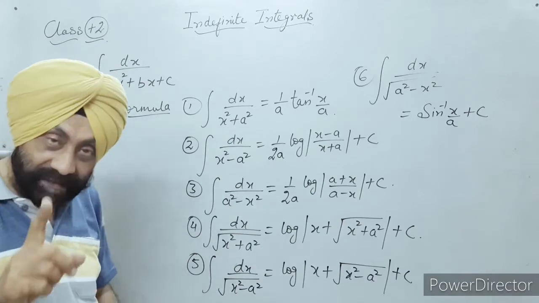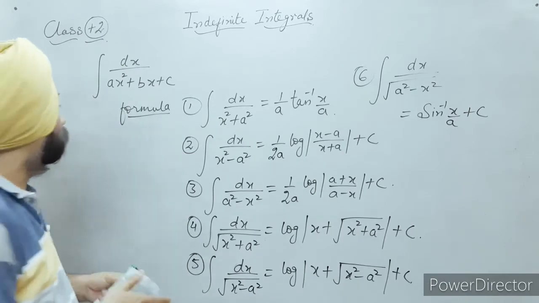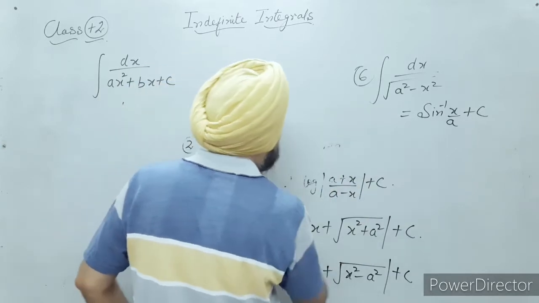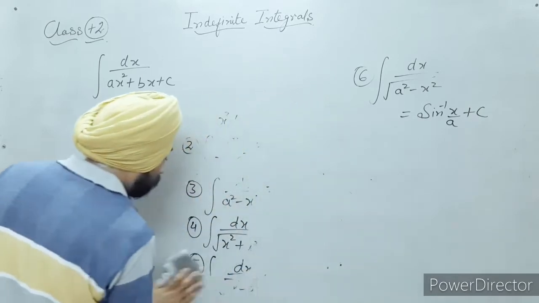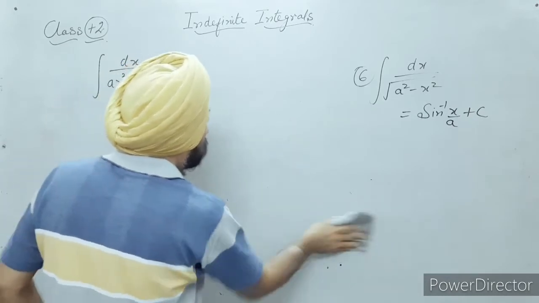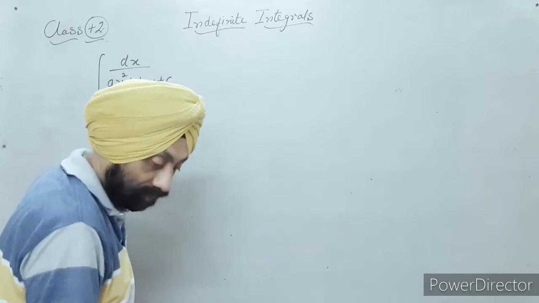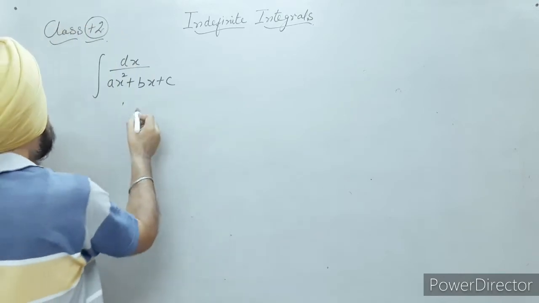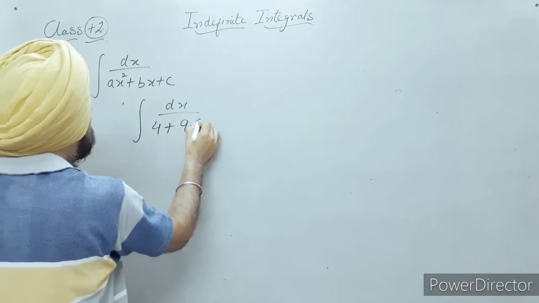For example, I will explain by solving a few problems. Hope you have watched my previous lectures from this very chapter. Now, the very first question is the integral dx upon 4 plus 9x square.